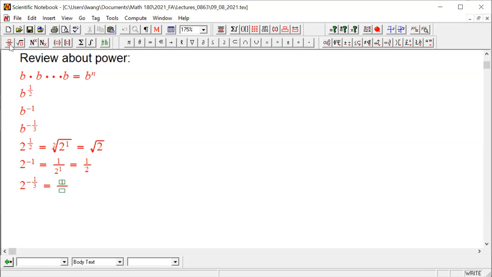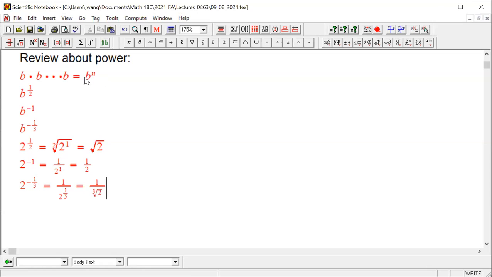What would that be? That will be 1 over 2 to the power of positive 1/3, which is going to be 1 over the cube root of 2. So 2 to the power negative 1/3 is really 1 over cubic root of 2.